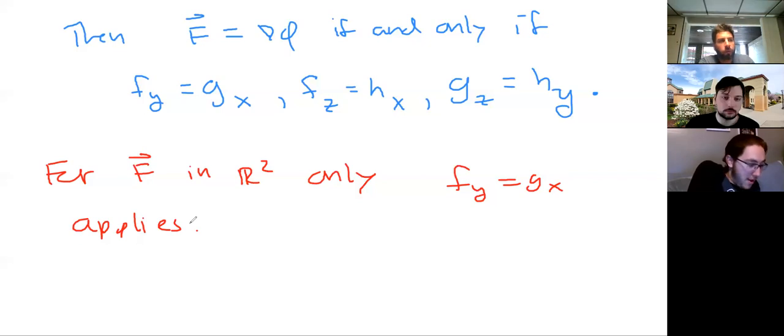All right, so what we're going to do is an example which is really the epitome of what I call deductive reasoning. We're going to give you a vector field. We're going to say, okay, it's conservative by this theorem. And then what we'd like to do is determine the phi.